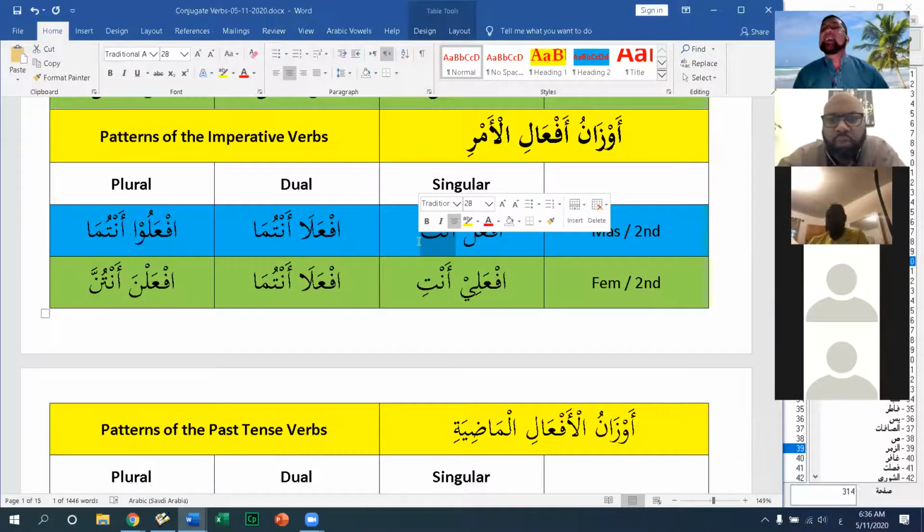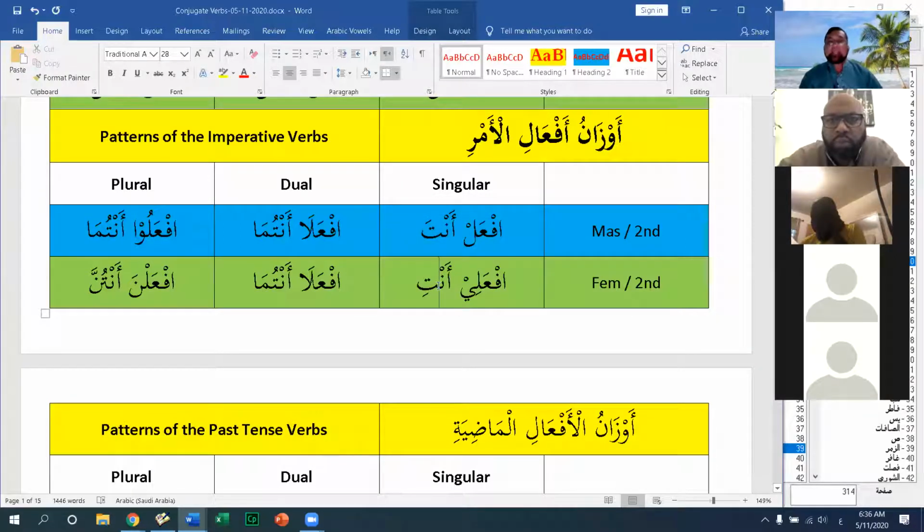If I say if'ali, as in "fakuli washrabi", Allah is addressing Maryam, alayha salam, singular female. You don't have to say anti. It's understood. "افعل افعلا افعلوا افعلي افعلا افعلن".